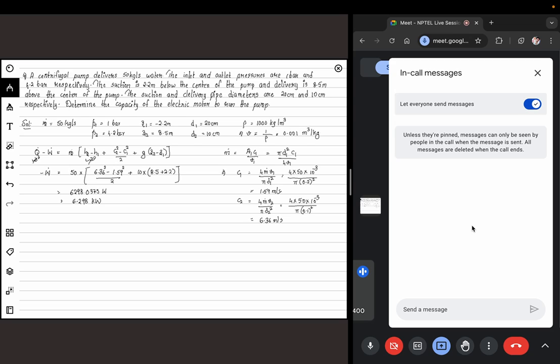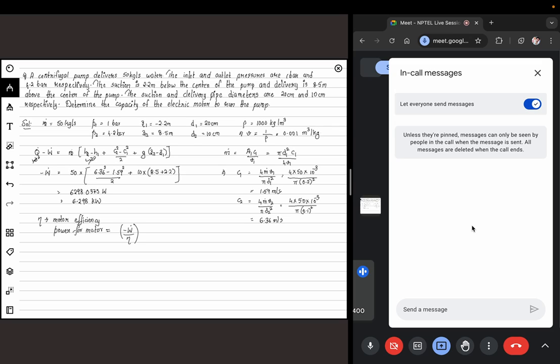Now again here we are assuming that the motor is 100% efficient. So if the motor is 100% efficient, then this will be the work that the motor has to do in order to raise the water from here to here. However, if the motor is not 100% efficient, say eta is the efficiency of the motor, then power required is whatever W dot that you have calculated here divided by eta.